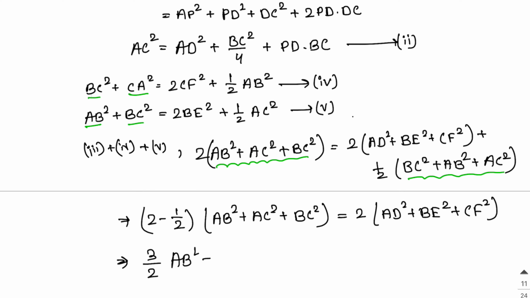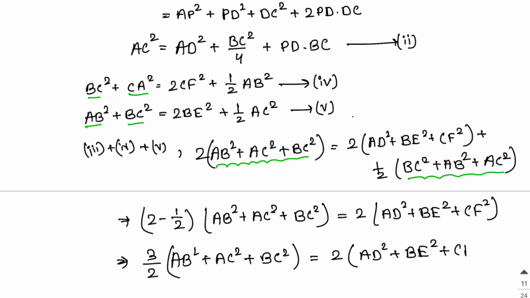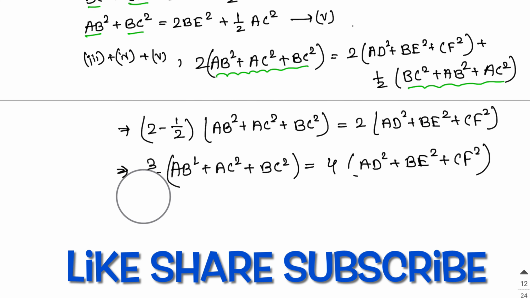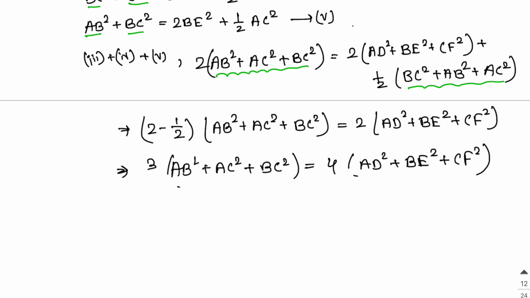So 3 into AB square plus AC square plus BC square, that one equal to 2 into AD square plus BE square plus CF square. Okay. Now if you multiply these two with 2, so it becomes 4 in that portion, and in this portion only 3. So here your final answer, 3 into this one is equal to 4 into this one. It's proved.